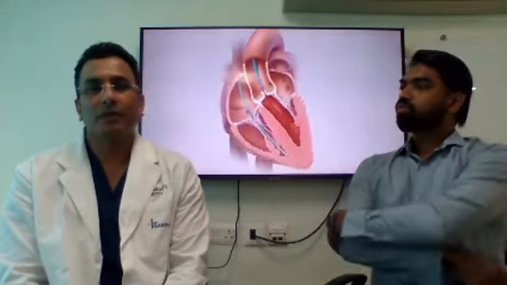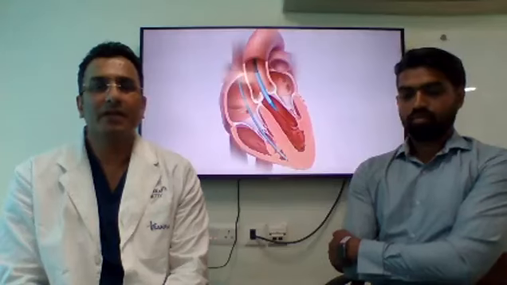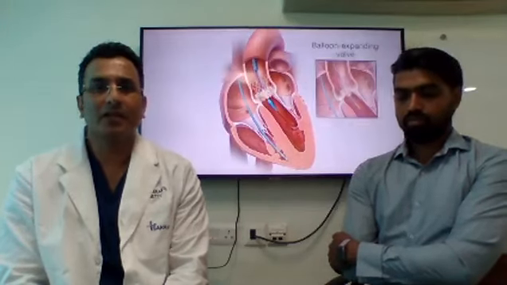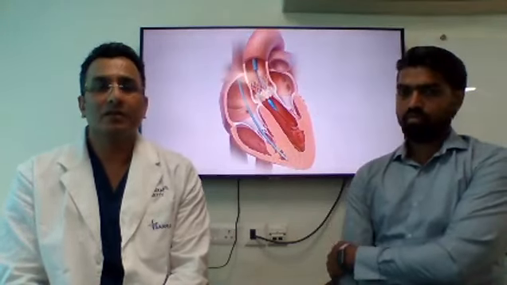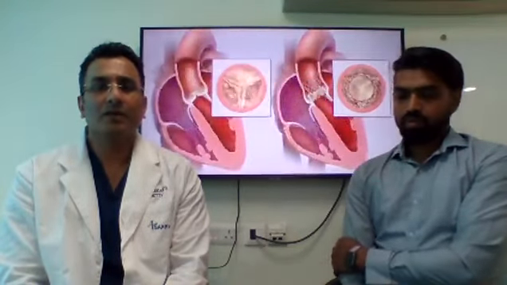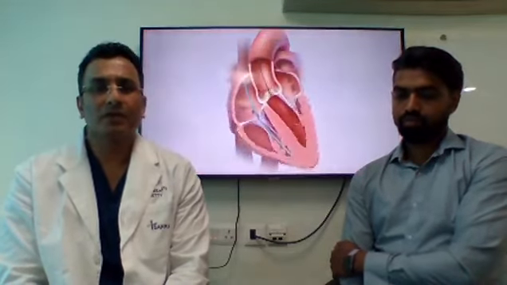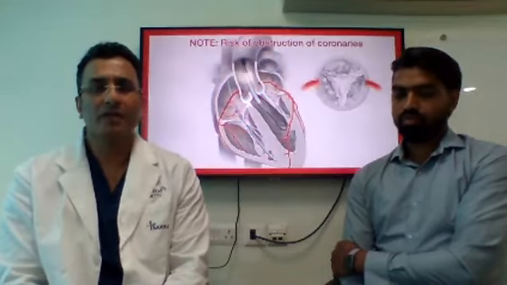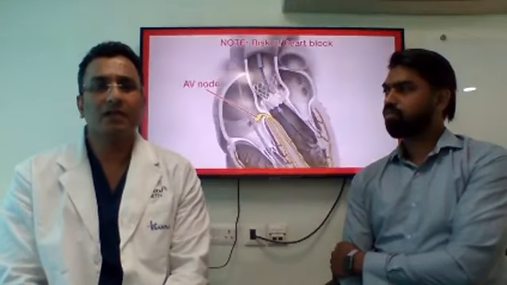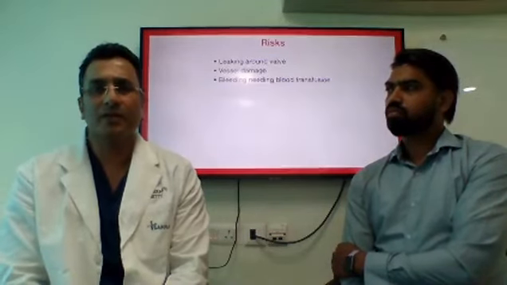So what are the potential risks or complications of TAVI? The main complication that can happen during a TAVI procedure is bleeding from the access site, that is from the groin area. The other complication that can happen is stroke, because you are operating inside the aorta. You may displace some plaque which might go into the carotids and then into the brain. Then at the site of implantation, there could be ventricular rupture causing cardiac tamponade.